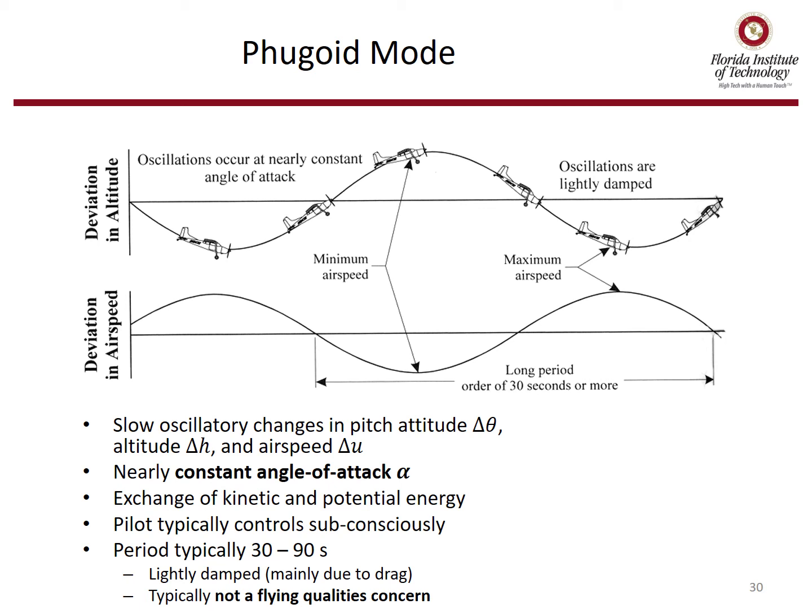As altitude goes down, airspeed goes up. So we have slow oscillation changes in pitch attitude, altitude, and airspeed, but our angle of attack is nearly constant. And again, we're changing kinetic and potential energy. The pilot typically controls this mode subconsciously, so it's not really an issue for flying qualities of an aircraft.